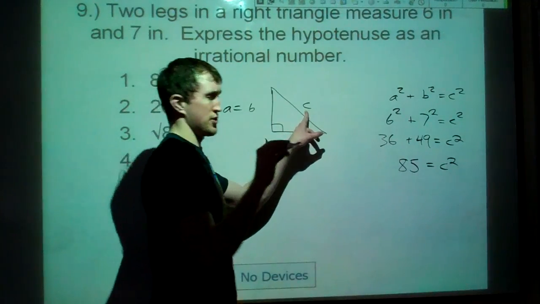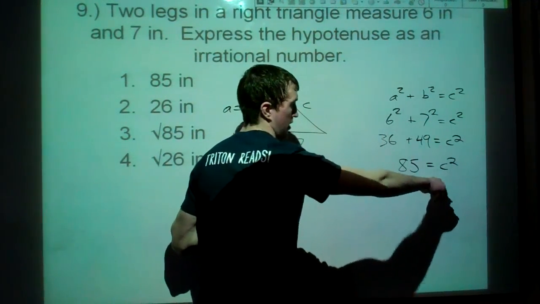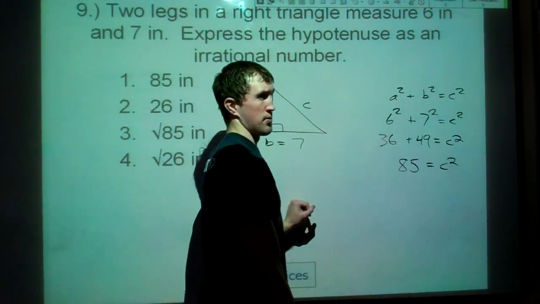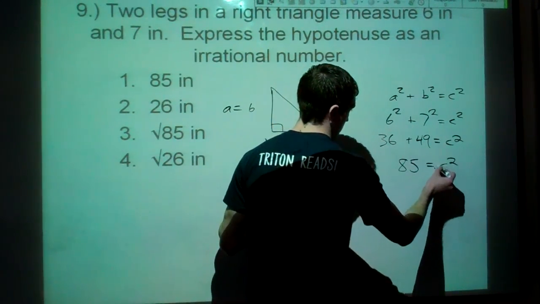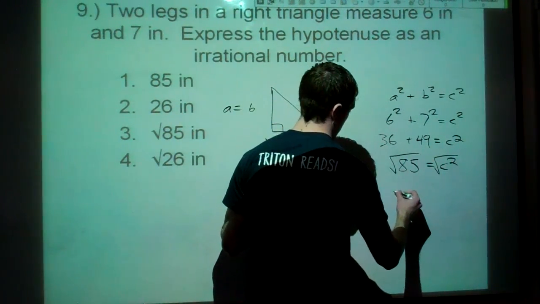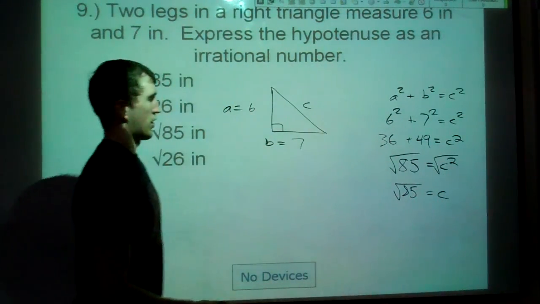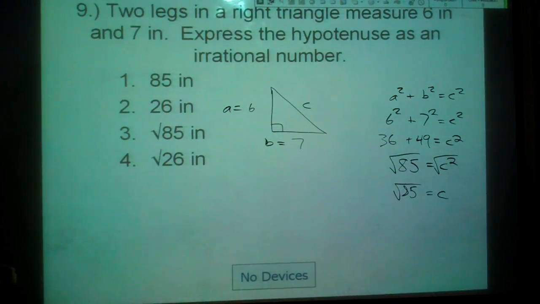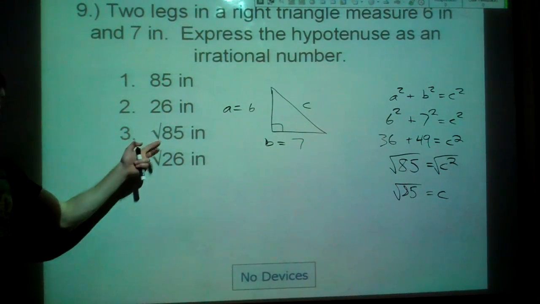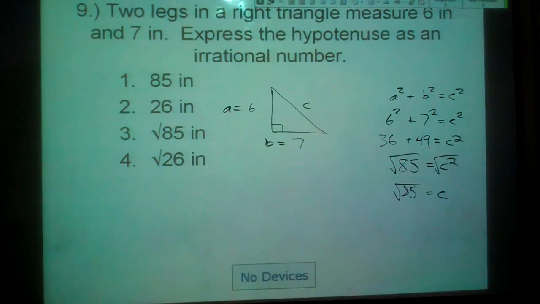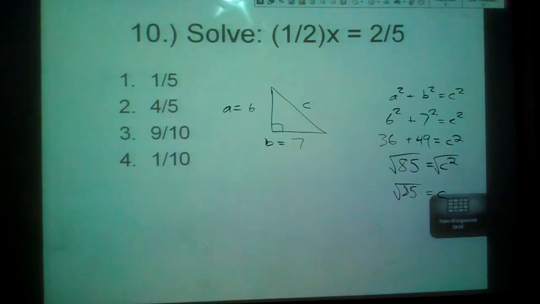We want regular old c, plain old c. This is c squared. The inverse of squaring something is square rooting. So square root of 85 should equal c. So we don't get a nice answer there, but we do get an irrational number, which is fine. They don't have a rhyme or a reason. They don't have any sort of pattern to them, but they are numbers nonetheless. Okay? So let's check out number 10.